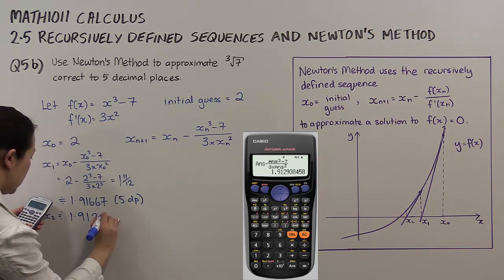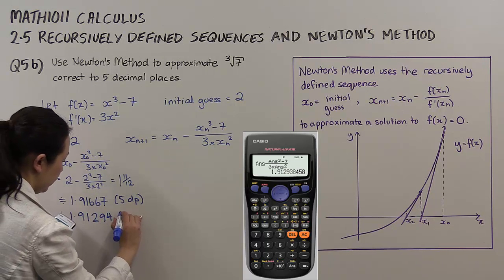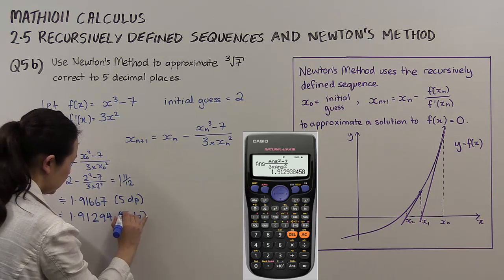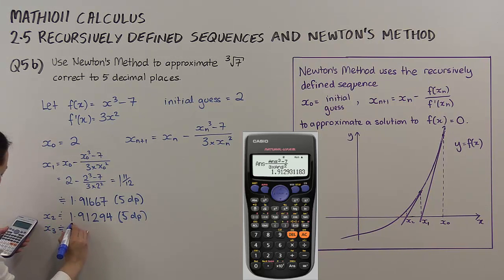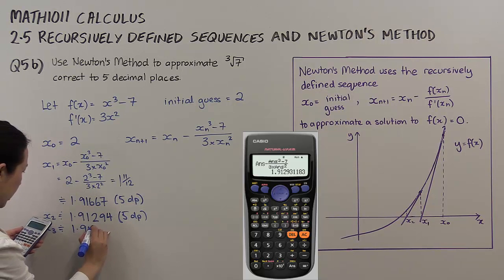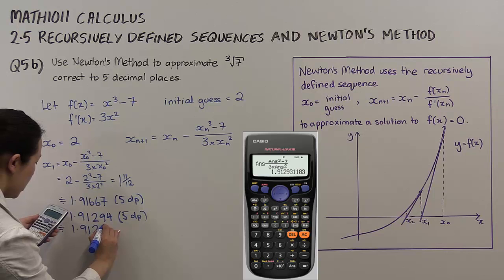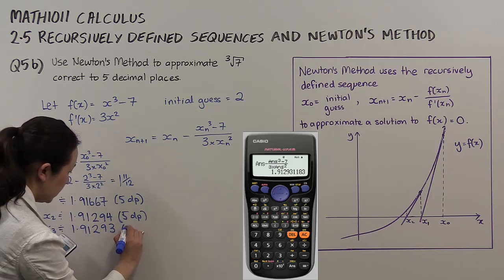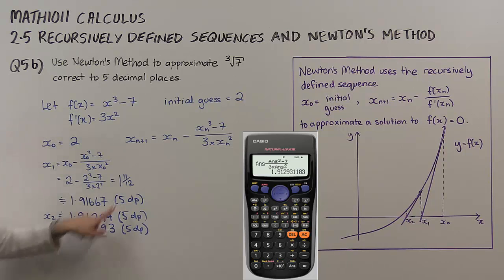So that's going to give me 1.9129, and the next digit is 3/8, so I'm going to round that to 4, correct to 5 decimal places. If I press equals again, I'll get the next term in the sequence, which is 1.91293 to 5 decimal places. At this stage, I still don't know what the cube root of 7 is, correct to 5 decimal places.